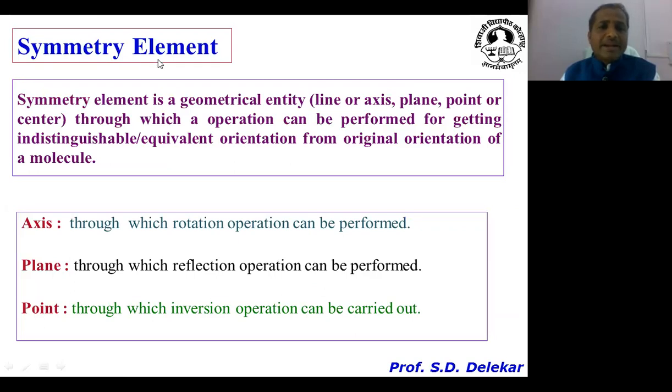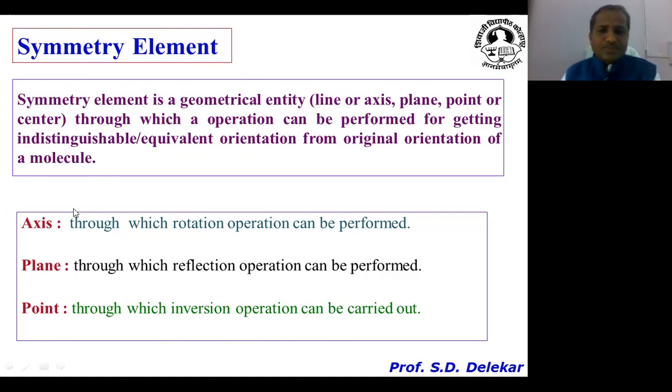Then regarding symmetry element. A symmetry element is simply defined as a geometrical entity, either a line or axis, plane, or point or center, through which an operation is carried out. And what is the aim? The aim is to obtain an equivalent, identical or indistinguishable orientation from the original orientation of a molecule. That geometrical entity is called the symmetry element.